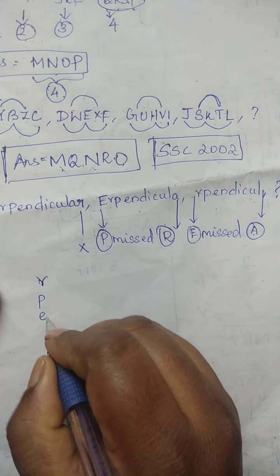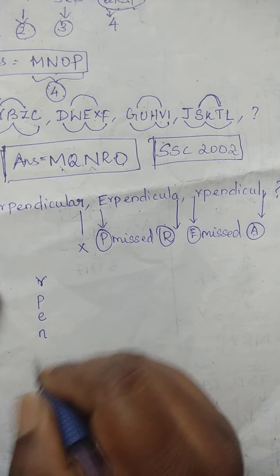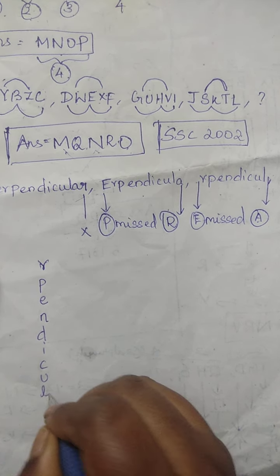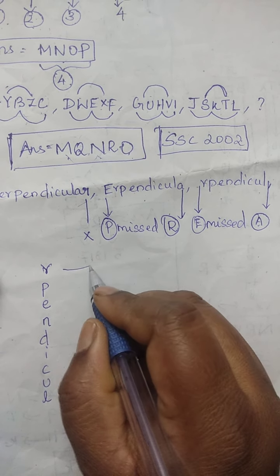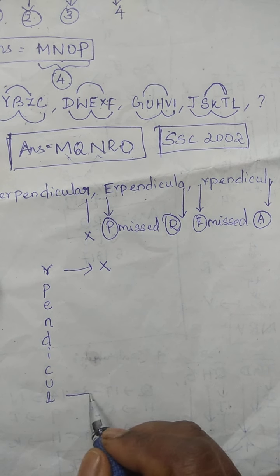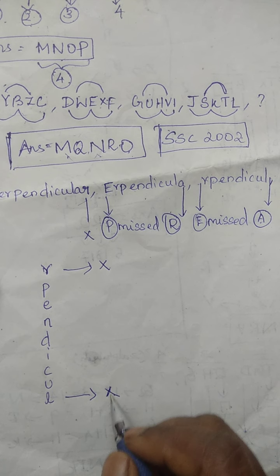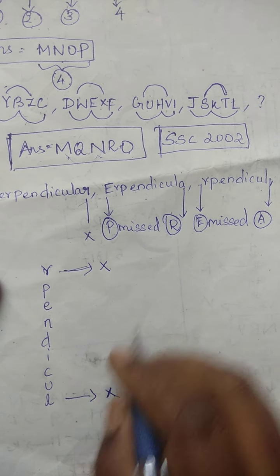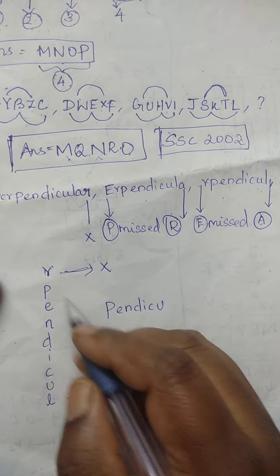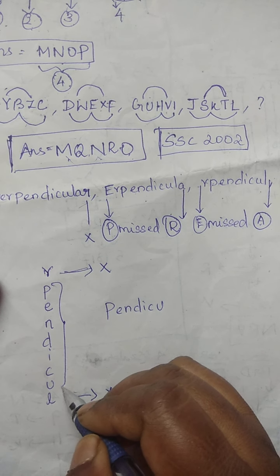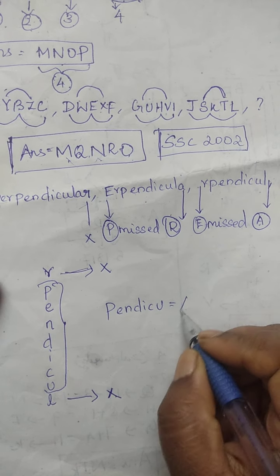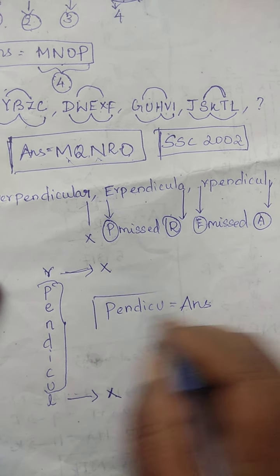R, P, N, D, I, C, U, L. Okay, so here R should be taken away, and then L should be taken away. If we take this R and L, what will be the answer? PENDICU. Just write the remaining alphabets. This alphabet should be the answer. Pendicu. Answer is pendicu.